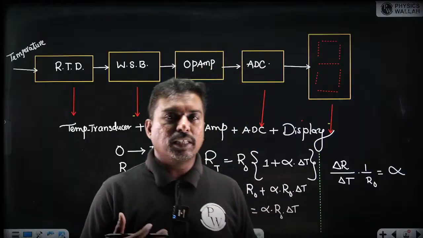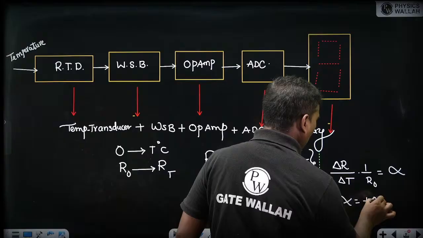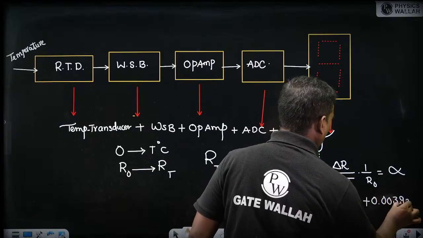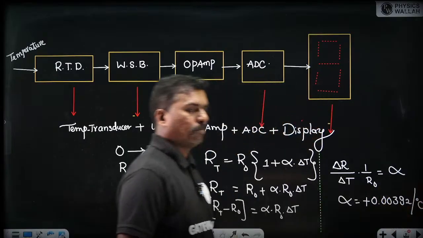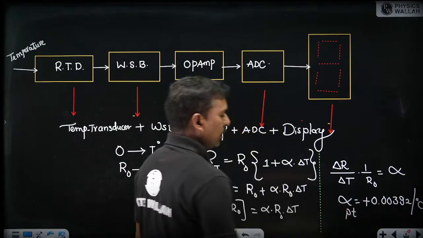As the temperature increases, resistance also increases, so this alpha is treated as plus 0.00392 per degree Celsius. That is for platinum. So these all are temperature data systems.